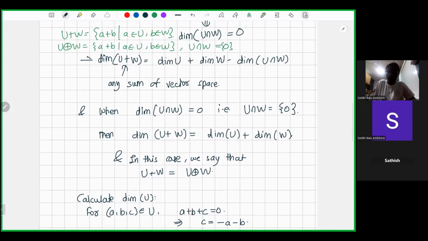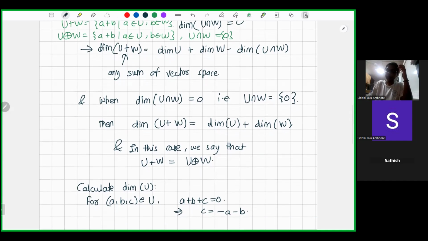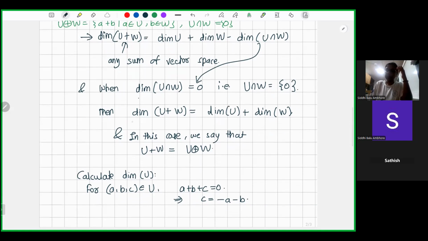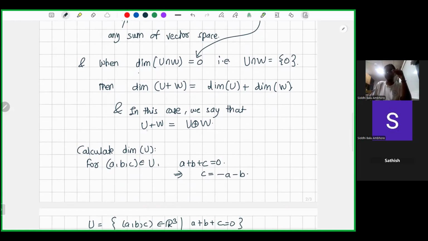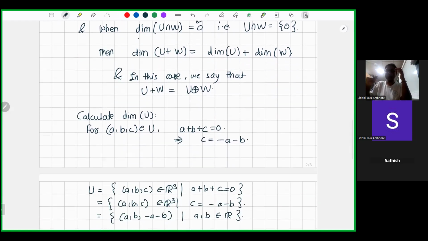And we can check that using the dimension formula which we have for addition of vector spaces. So dimension of U plus W is dimension of U plus dimension of W minus dimension of U intersection W. And when dimension of U intersection W is equal to 0, that is, U intersection W is just the 0 of the vector space, then dimension of U plus W becomes dimension of U plus dimension of W, and in that case this addition of vector spaces becomes a direct sum of vector spaces.